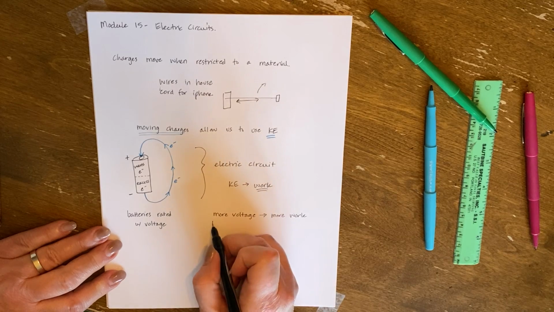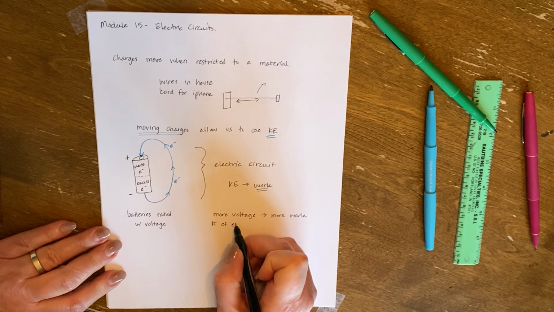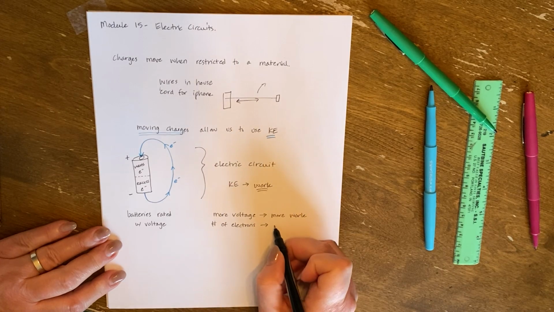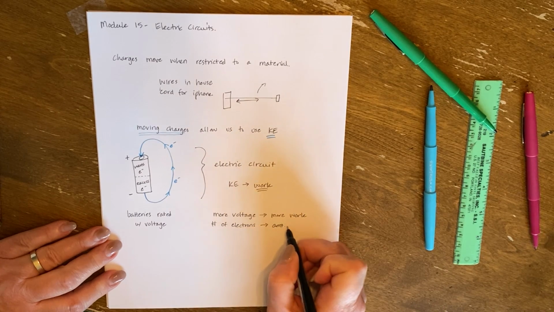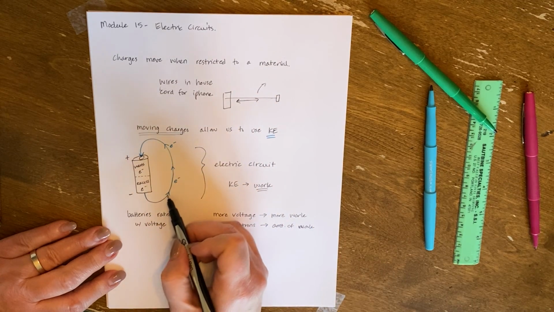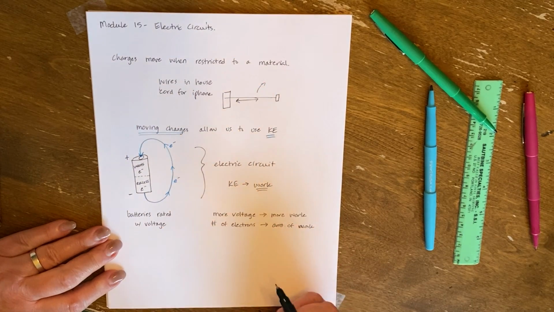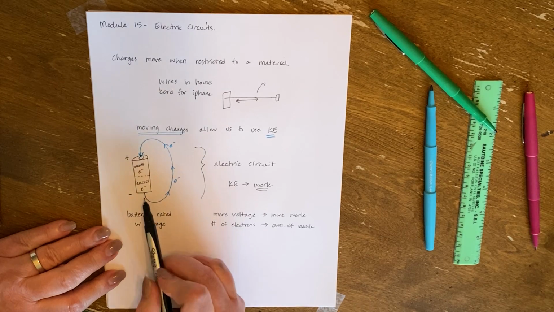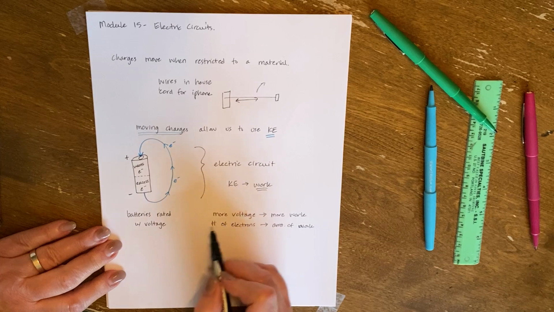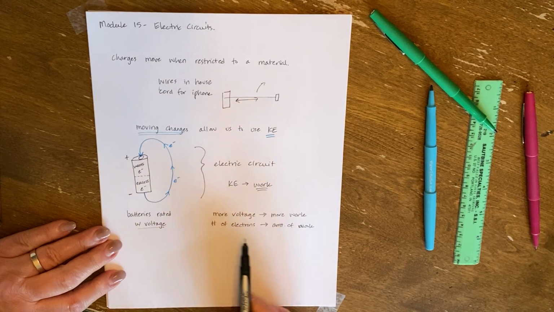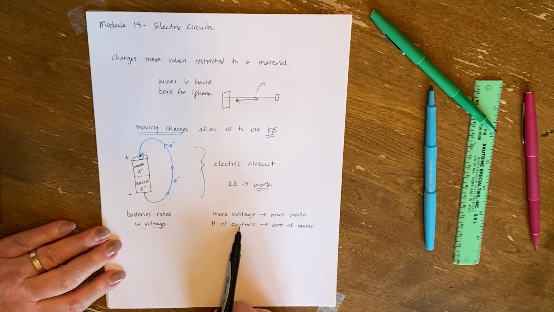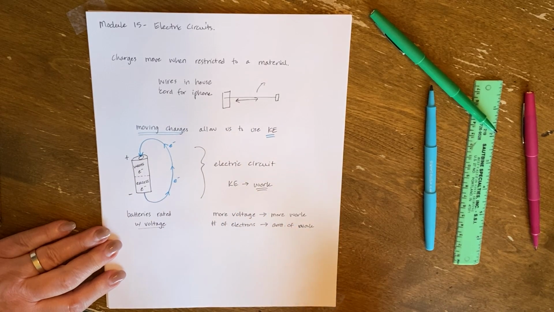And in addition, the number of electrons we have flowing dictates the amount of work that can be done. So if we had just 2 electrons flowing through here, we would be able to do much less work than if we had 10,000 electrons flowing through here. So the battery's voltage helps dictate how much work can be done, and then also how many electrons are flowing dictates how much work can be done.